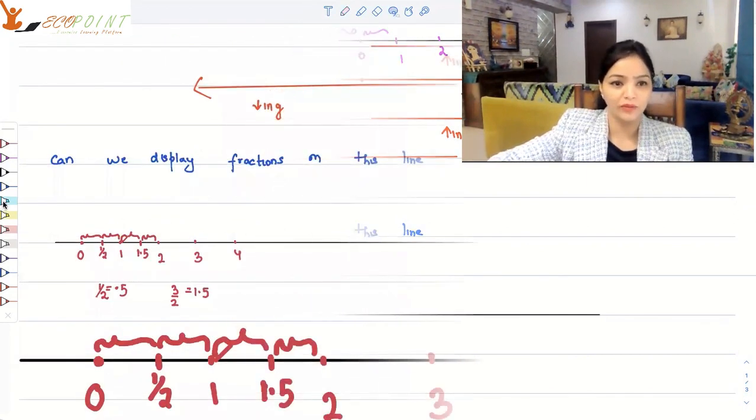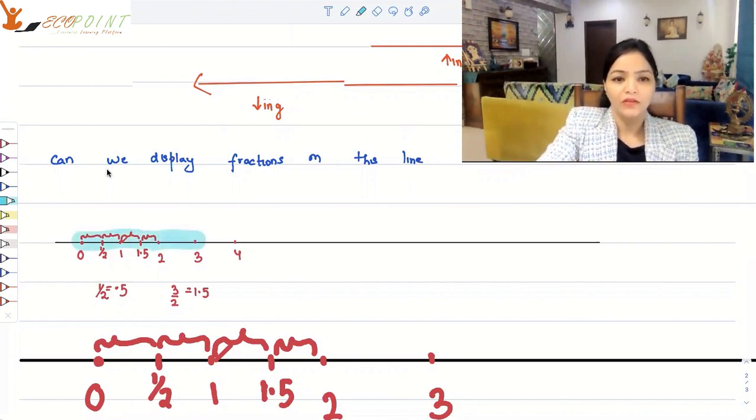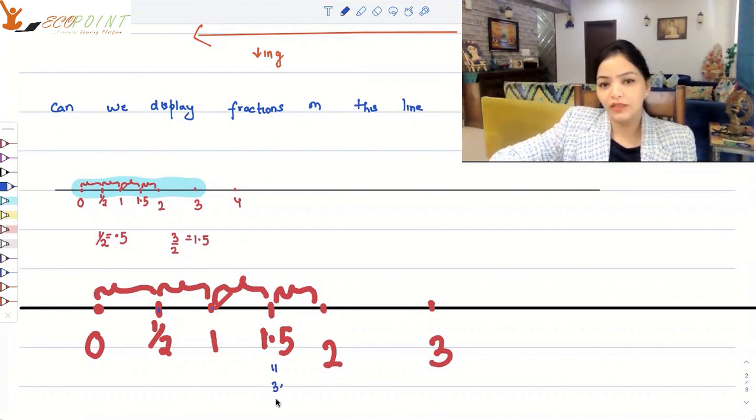Now let me just highlight this part. So this is what we have. Half is here, 1 is here, 1.5 is here. Now 1.5 is actually 3 out of 2. You are displaying the fraction 3 out of 2.